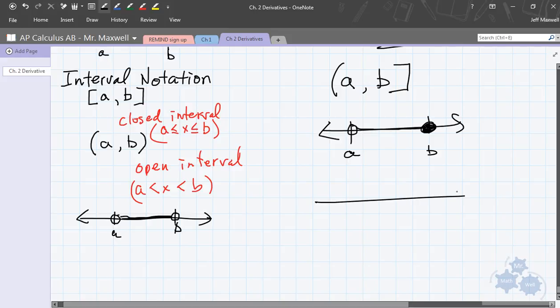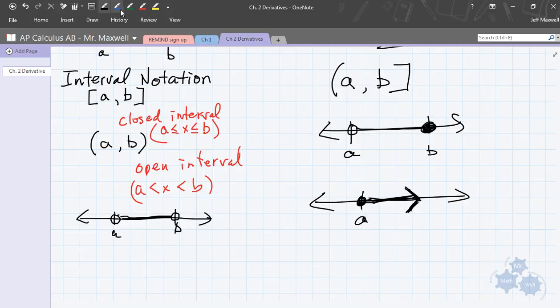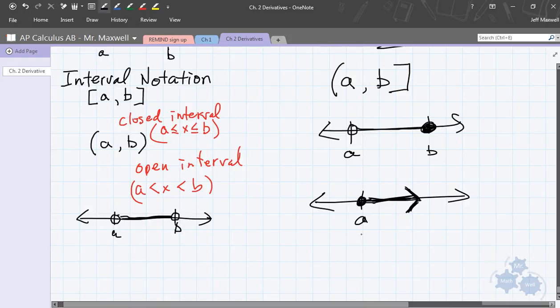If we want to specify this right here, a closed circle and everything greater than that, how would I write that in interval notation? I want to do closed A here, and then what do I put next? Well, there's no other value.